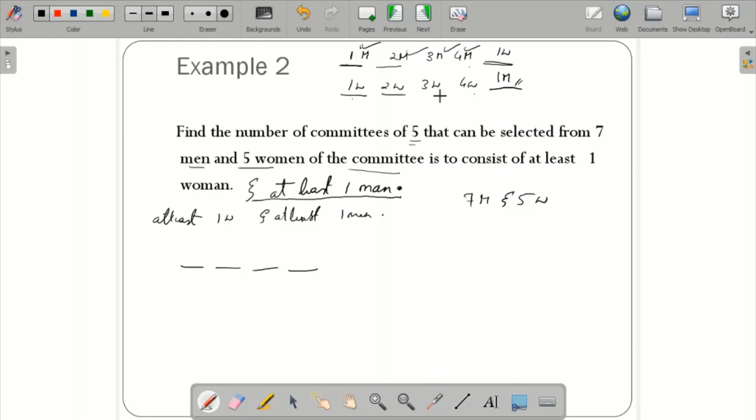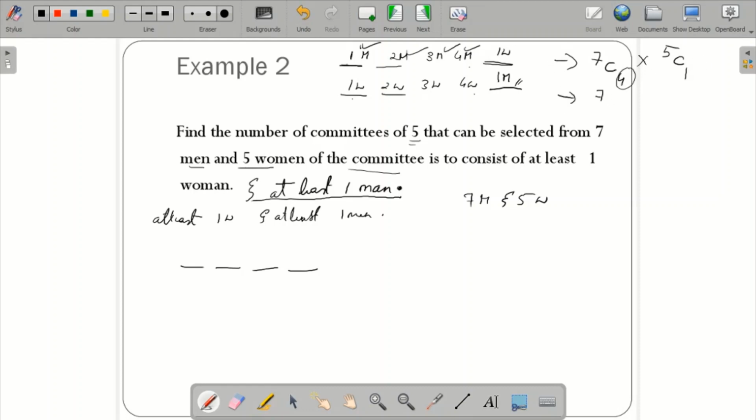So what are the possible ways to do this problem? We have 7 men, and you can choose max 4 men. If you choose 4 men out of 7, then one place is left out, that is 5C1. So this is one way.